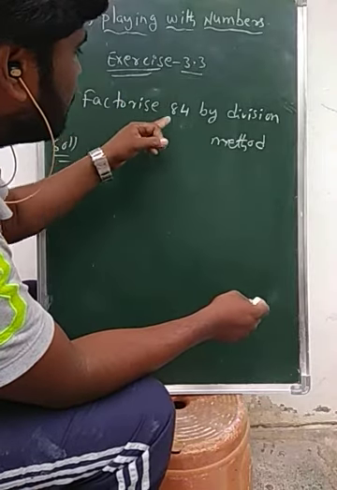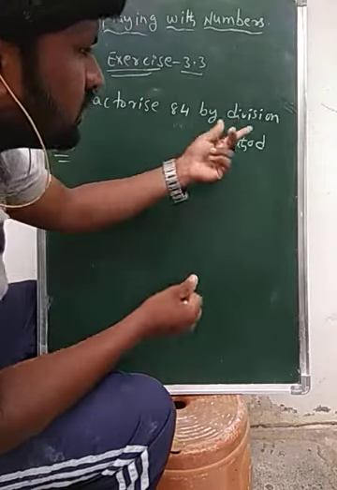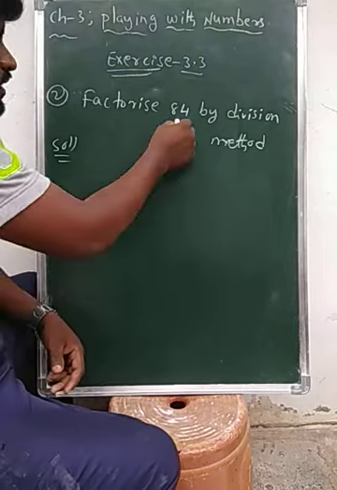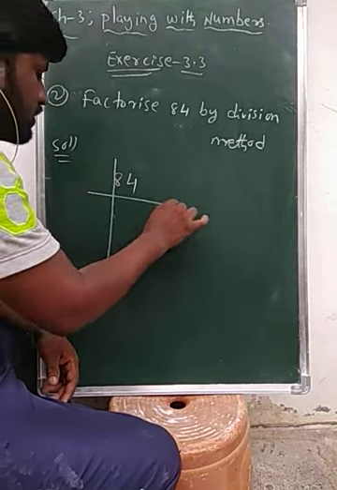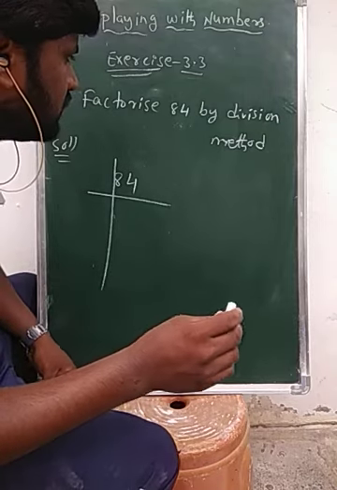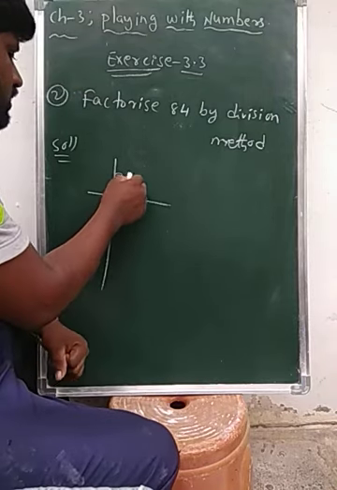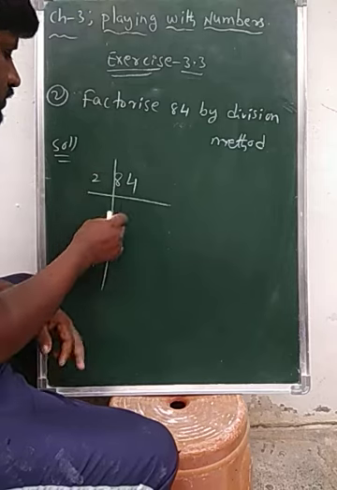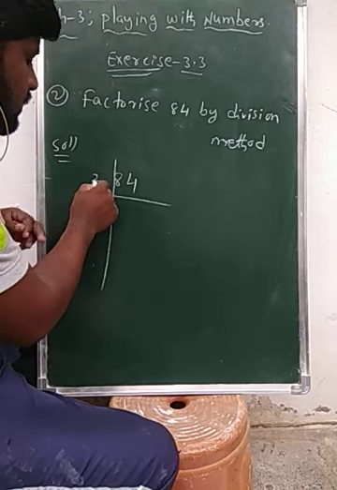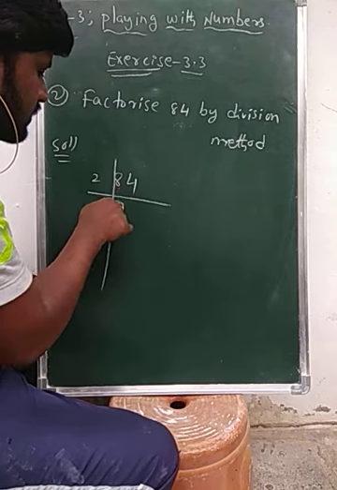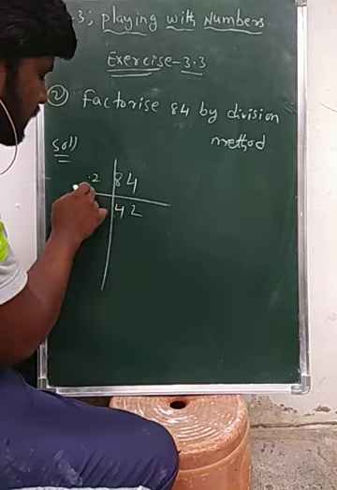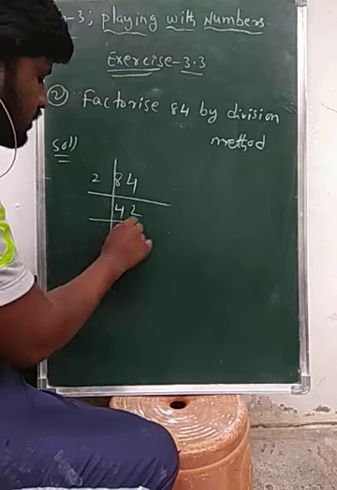Now the division method. You should take 84 and you must use only prime numbers in the division method. I'm taking 2. 2 42s are 84.